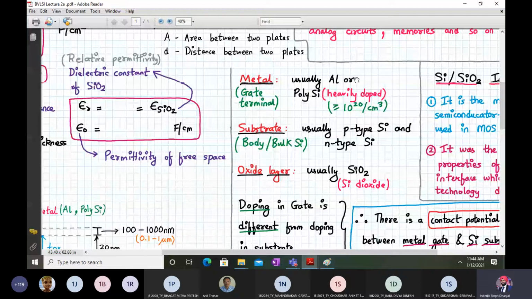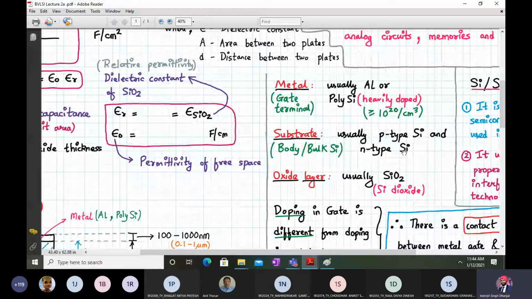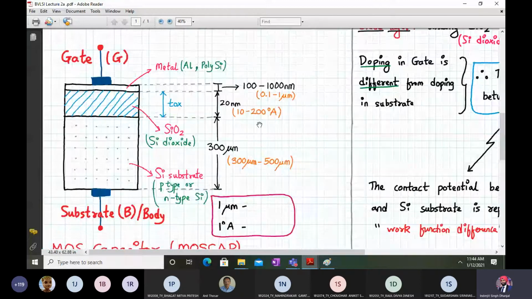Now the substrate, the silicon substrate, can be either a p-type or n-type semiconductor. It is also called the body or bulk silicon. Now the oxide layer, I have already informed you all, is usually SiO2 or silicon dioxide. Okay, now let's look at how big this MOS capacitor is realistically.